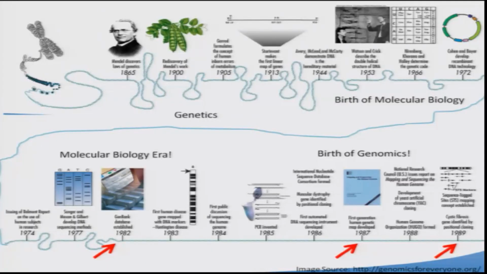So, that really led to what is called an explosion, because then people started using this methodology for sequencing the human DNA, and in 1987 the first generation human genetic map was developed, with what are called markers, which are landmarks, a kind of milepost in the genome.